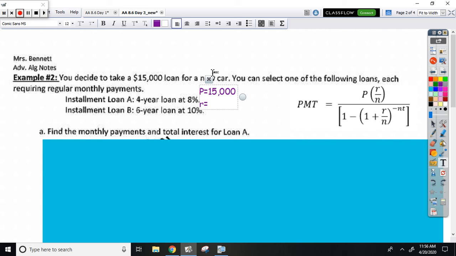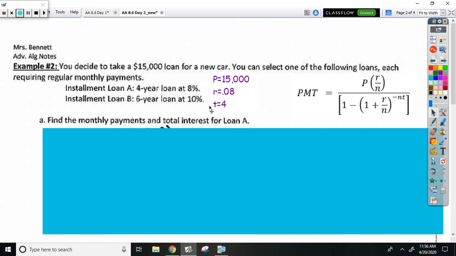The rate for the first one is 0.08, and T for the first one is 4 years. For the second loan, it'll be 0.1 and 6. So we're going to plug those into this formula.